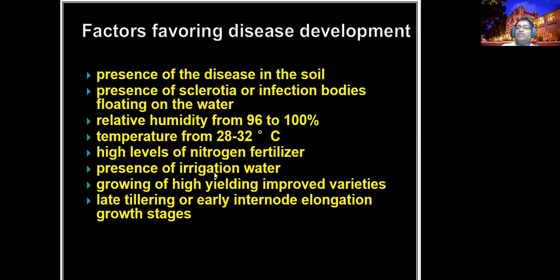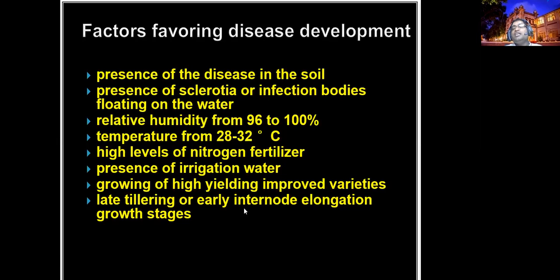A high level of nitrogen application means you can expect more tillering. If there is more tillering, definitely your plant will become sick, right? The next one is the presence of irrigation water. Irrigation water is needed because the sclerotia can float and get in touch with the sheath and start the initiation of this disease. And growing high yielding improved varieties.